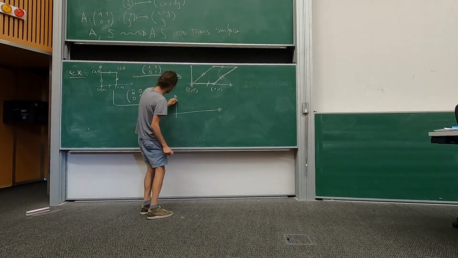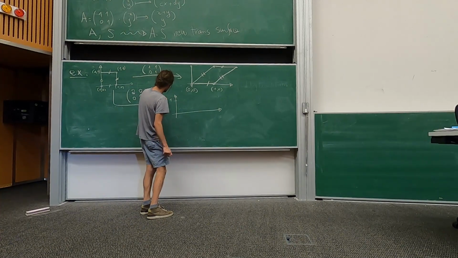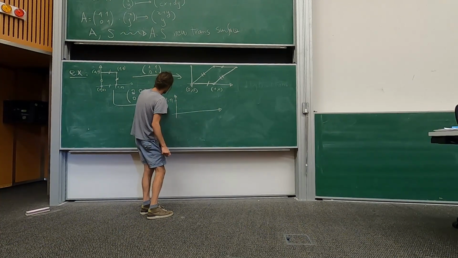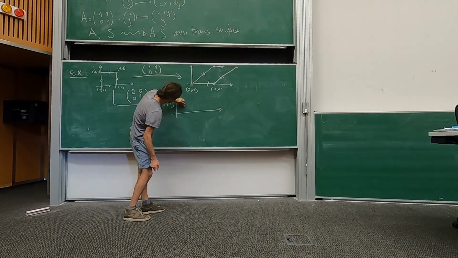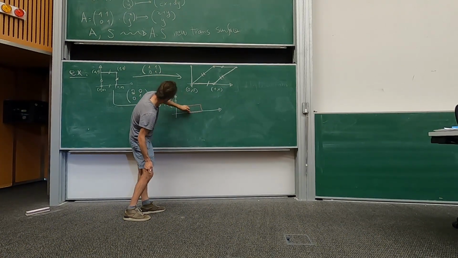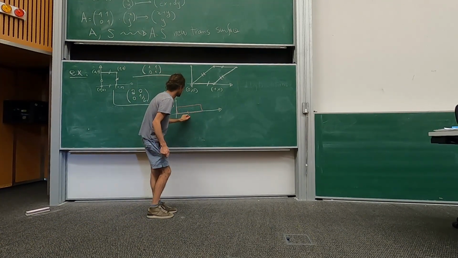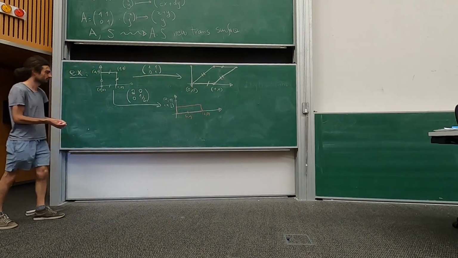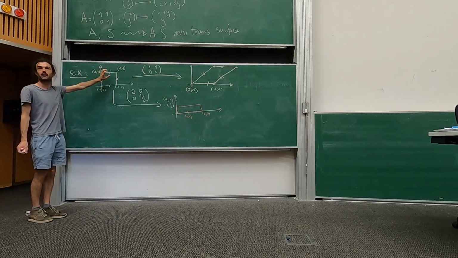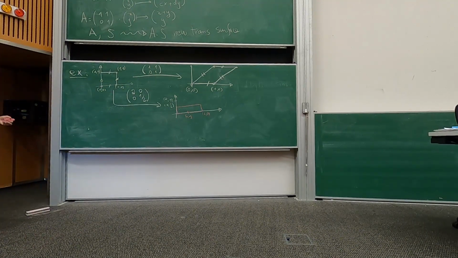Good answer. So this is 1, 0, 1. This is 0, 1 half. And the image will be this thing. This is 0, and this is 2. So is it clear? I have a translation surface, I act by a matrix, and I have a new one.